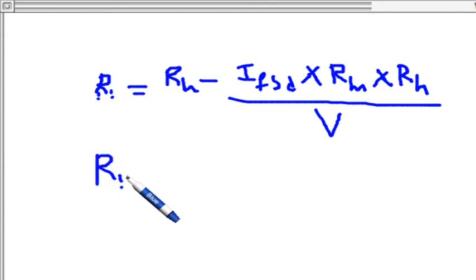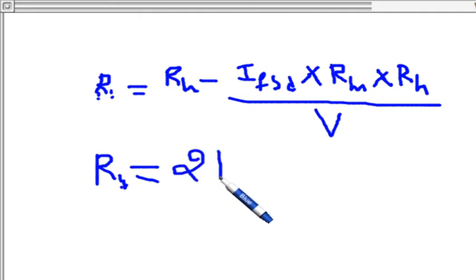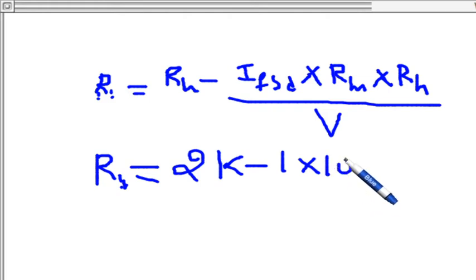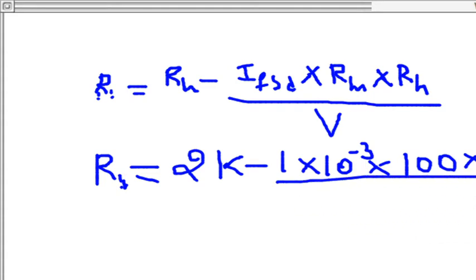So R1 is equal to half scale resistance RH, that is 2 kilo ohms, minus full scale deflection current 1 milliamp, that is 1 into 10 to the power of minus 3, into RM meter resistance 100 ohms, into half scale resistance 2 kilo ohms, divided by applied voltage V, 3 volts.